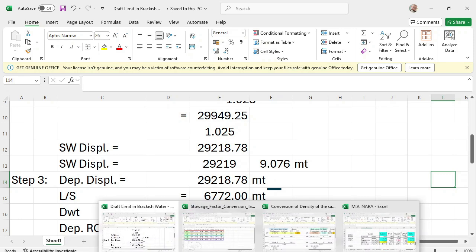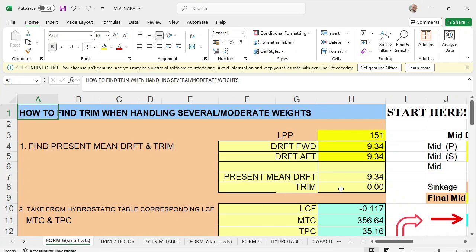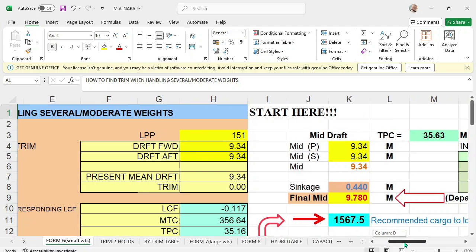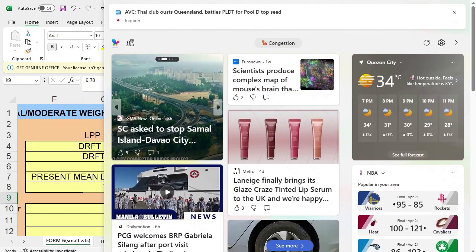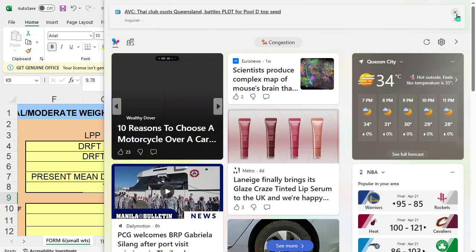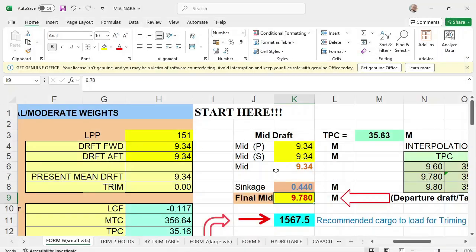9.076. Okay, our departure draft in salt water is 9 point, how much? Sorry, 9.078.